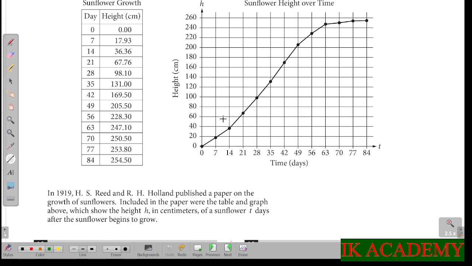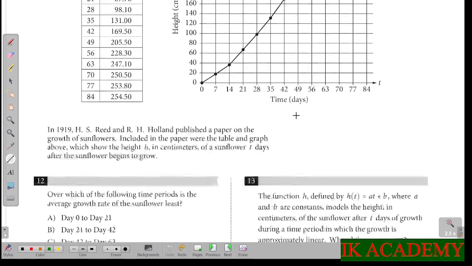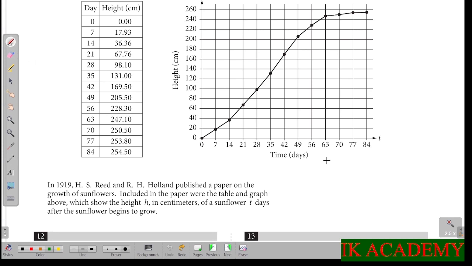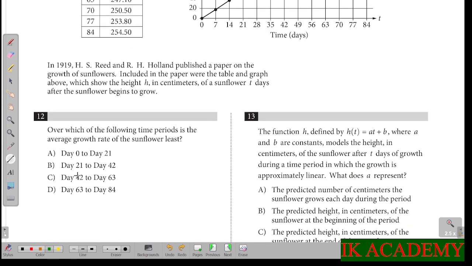So from here I can see day 63 to 84. From day 63 to 84, it is less steep and less inclined. The slope of the function here is less than the slope of the function in the other periods which were given: 0 to 21, 21 to 42, 42 to 63 and so on.